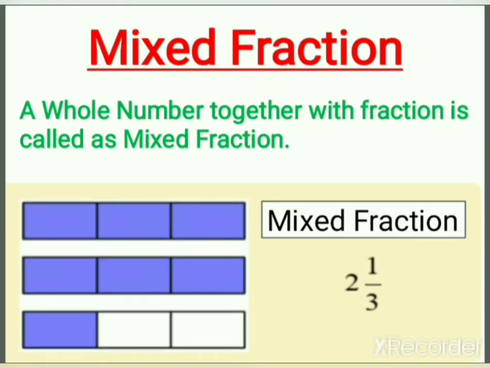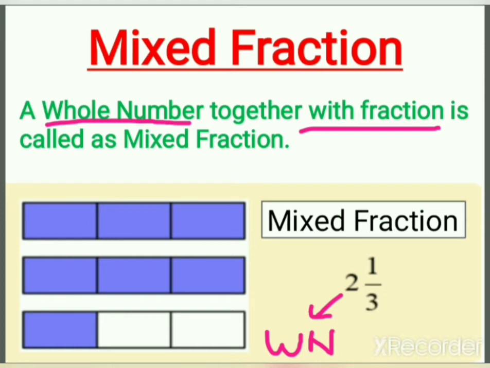Mixed fraction. A whole number together with fraction is called mixed fraction. In the example 2 1 by 3, here 2 is whole number and 1 by 3 is fraction.